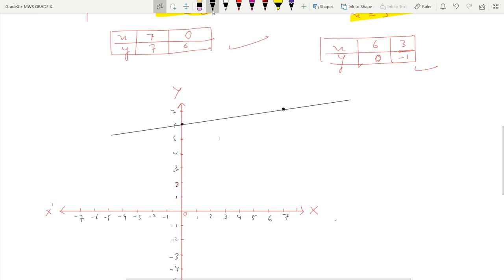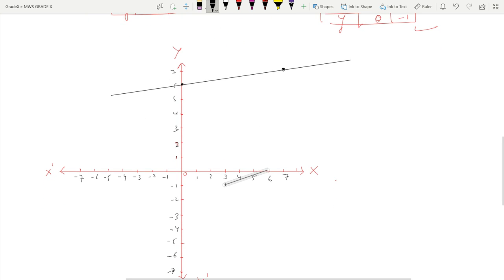Okay, now let us represent these points: (6, 0), so it is this, and (3, -1). Let us join these points, and extend these.